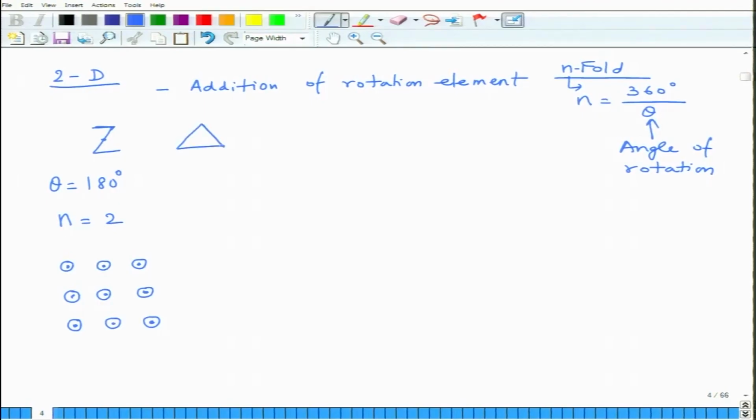In this case, if it is an equilateral triangle, theta will be equal to 120 degrees, n will be equal to 3. In the case of this symbol, which you are all familiar with, theta is equal to 90 degrees, n is equal to 4. And if you look at some flowers, they are not very symmetric, but some flowers have 5 petals.